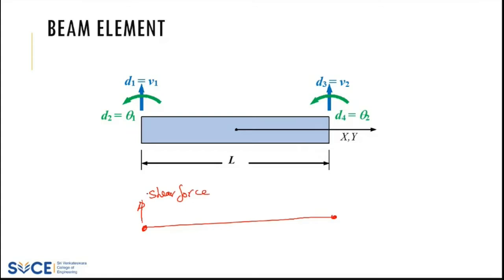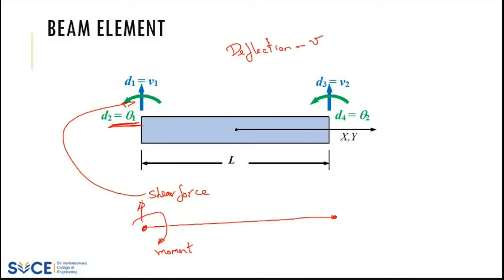Based on the shear force, you will get this V. V is your displacement. And the other one is a moment. Based on the moment, what you will get is theta. So you have deflection. We call deflection V and slope theta.